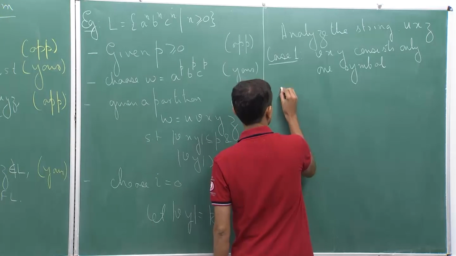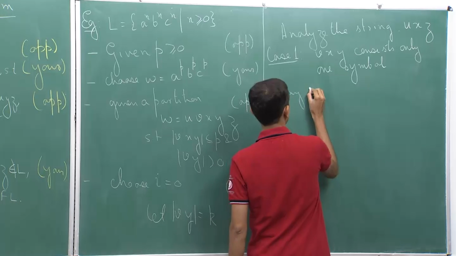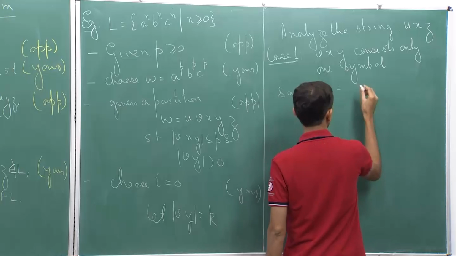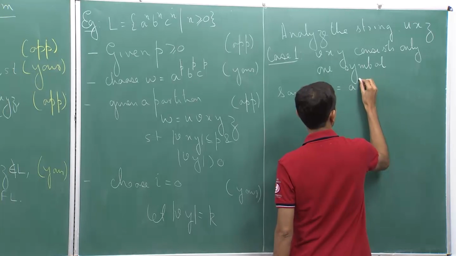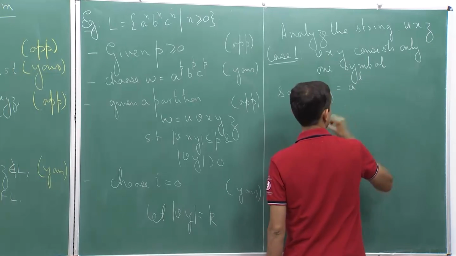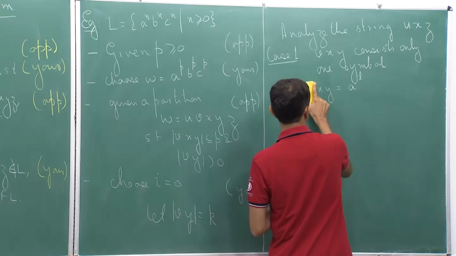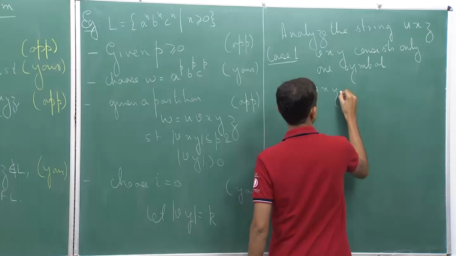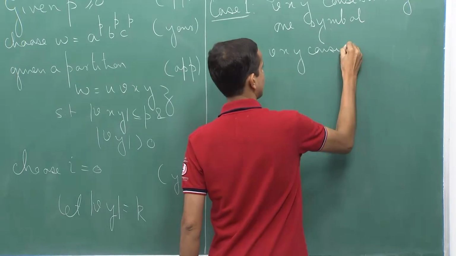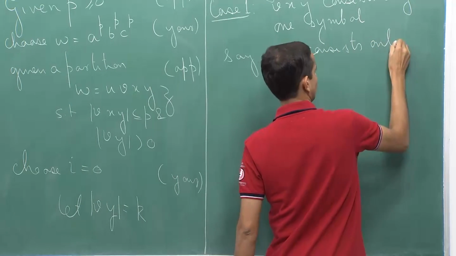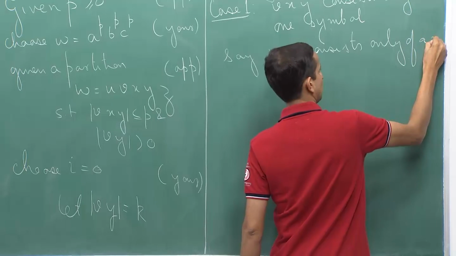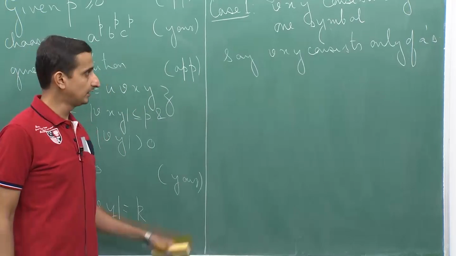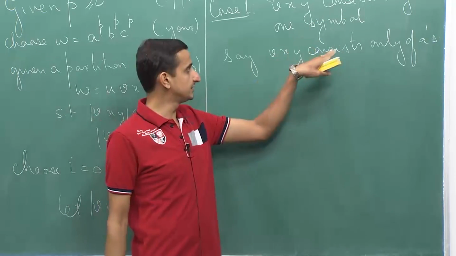Say vxy is equal to a to the power l, or say vxy consists only of a's. In this case, what happens to these strings?